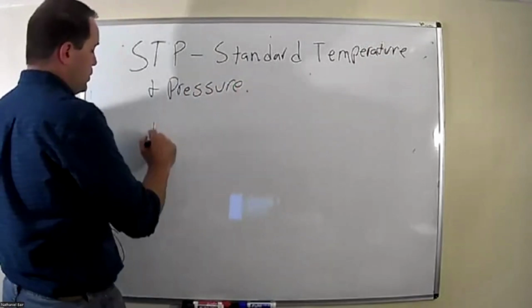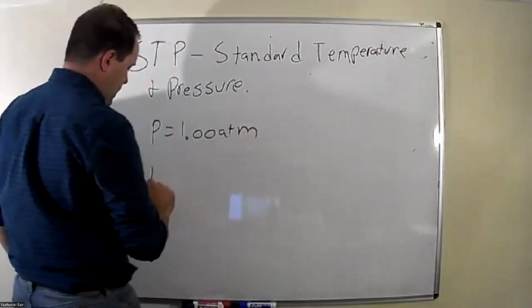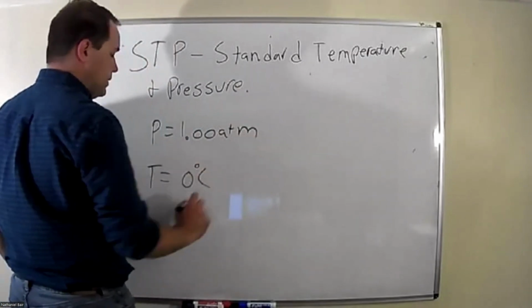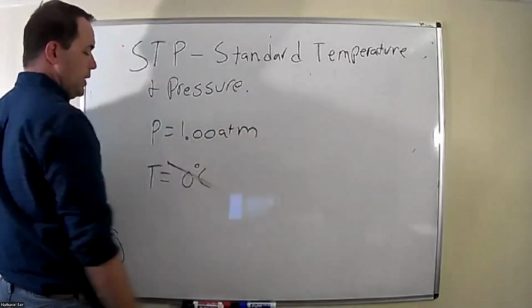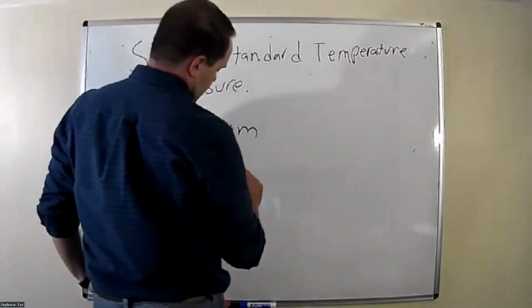So standard pressure is 1 atmosphere, and standard temperature is 0 degrees Celsius, which of course you're beginning to learn. You can't use Celsius when we do math. So we may as well put that in Kelvin.